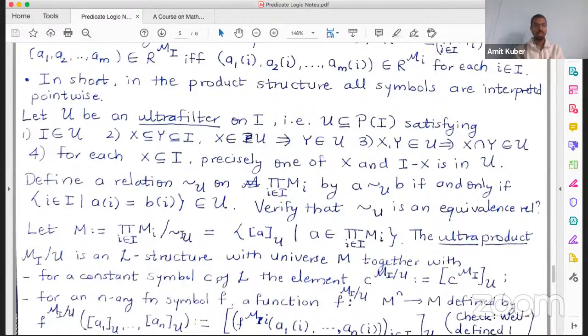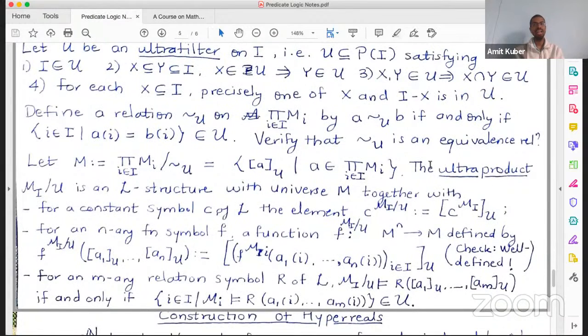Again, you take the quotient of this product structure by this equivalence relation, and you call it the ultraproduct with respect to these interpretations. Like the constant symbol in the ultraproduct is interpreted as, you take its interpretation in the product structure, and you take its equivalence class, and so on.